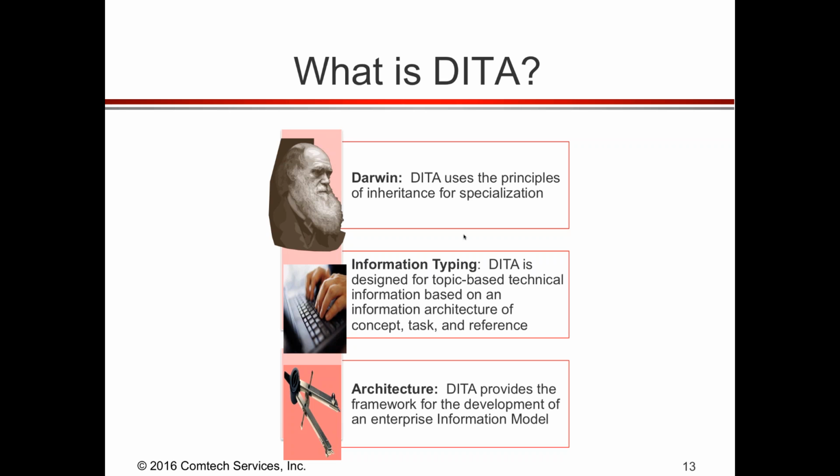And concept, task, and reference were the original base information types, and now we've got more, especially for technical communication, where we added troubleshooting and glossary. And then we have learning and training information types, which are a bit different. And we have other opportunities where organizations are introducing their own information types to help standardize the content, to help give it form and structure.